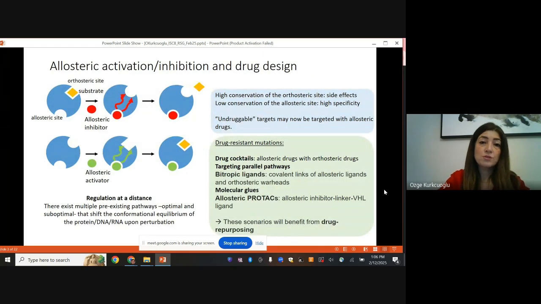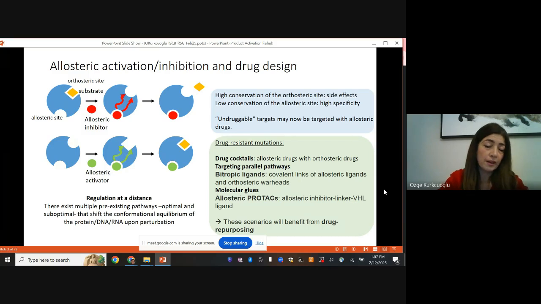One good strategy to identify new drug binding sites on a protein complex is to reveal its allosteric mechanism. Allostery means regulation at a distance. Ligand binding to an allosteric site can have an inhibitory effect on the protein activity by shaping the orthosteric site from a distance.